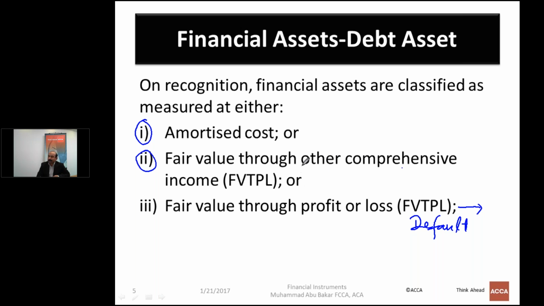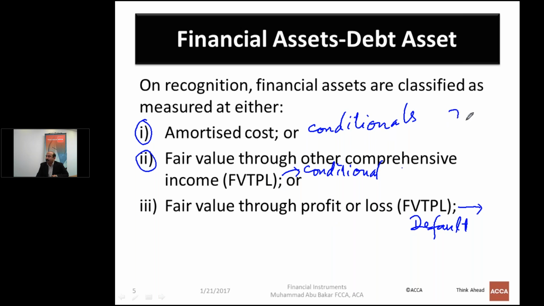I repeat, these are conditionals. There are certain conditions which need to be satisfied if you want to measure your debt asset at amortized cost, and similarly, if you want to measure it at fair value through other comprehensive income, again there are certain conditions which need to be fulfilled before going for this option. Otherwise, this is the default position: you recognize the asset at fair value through profit and loss.